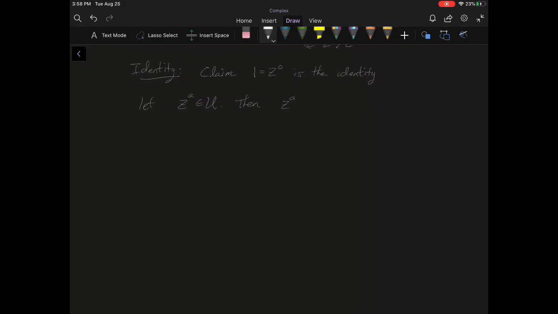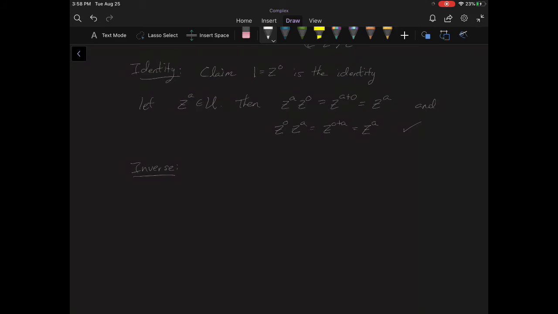As we know from the properties of integers, anything plus 0 is itself, so we get z to the a. Now if we multiply it the other way, z to the 0, z to the a, we get z to the 0 plus a. And again, 0 plus a is a. So our identity actually works.